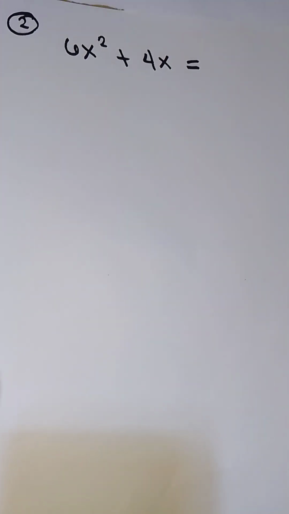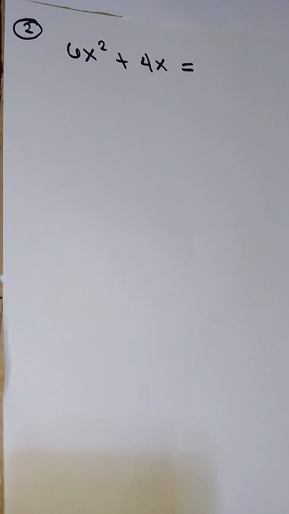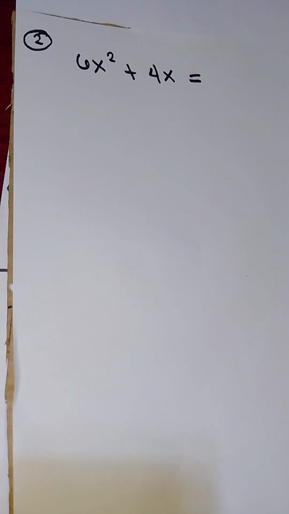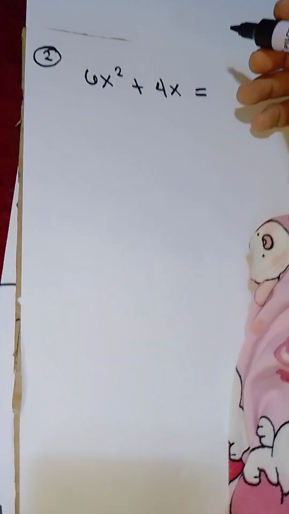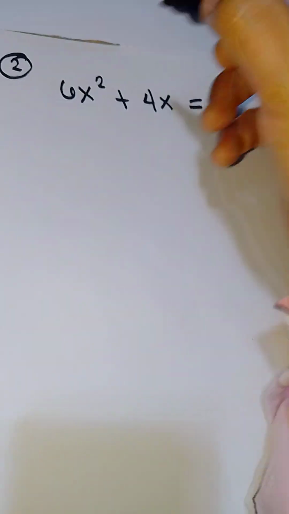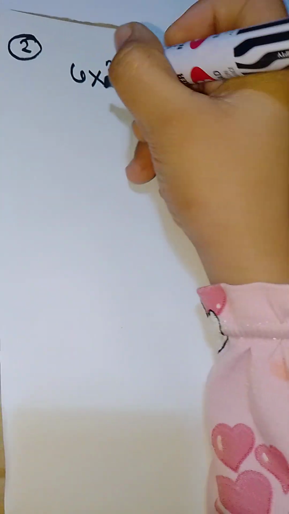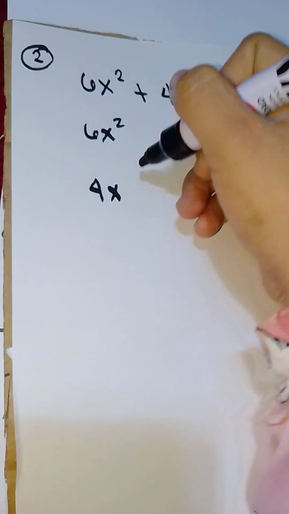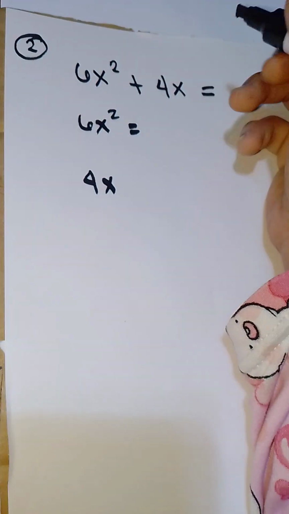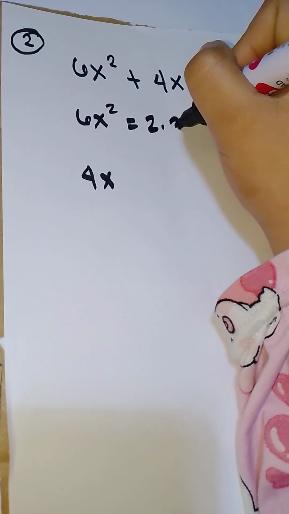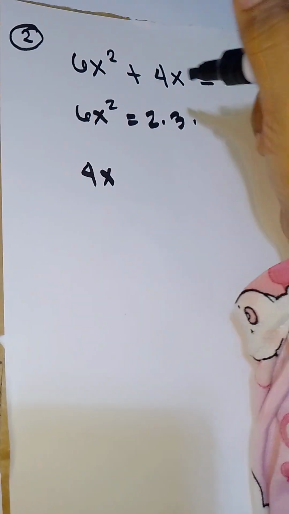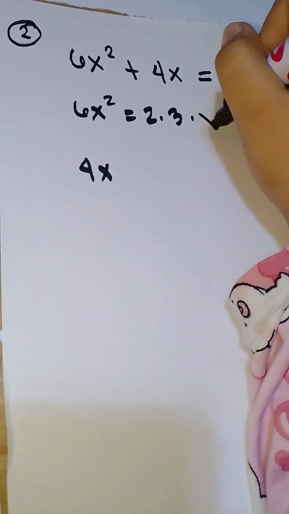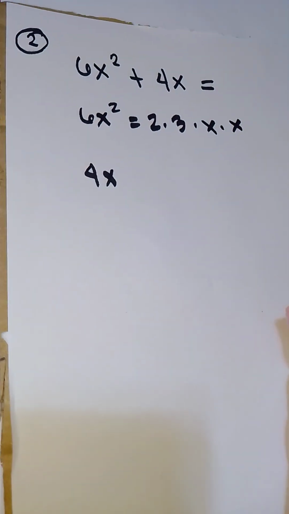What about if we have 6x squared plus 4x? The same steps: we're going to get the prime factors of 6x squared and 4x. The prime factors of 6x squared are 2 times 3 times the variables x times x.